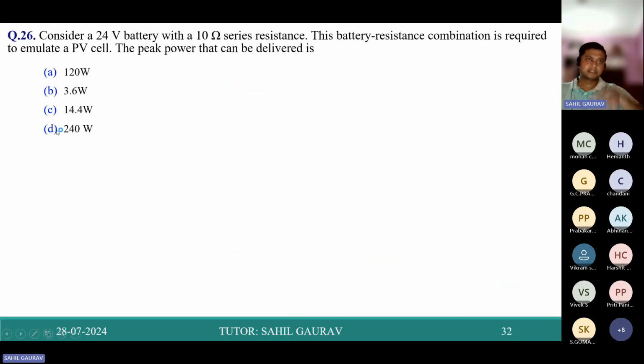Now coming to the next problem. Consider a 24 volt battery with a 10 ohm series resistance. This battery combination is required to emulate a PV cell. What is the peak power that can be delivered? So we can directly write the peak power condition. You know that VMP will be VOC upon 2, so VMP will be 24 volt upon 2, it is 12 volt.